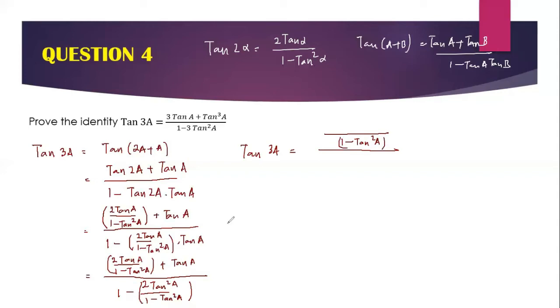So 2 tangent A plus tangent A, open the bracket, 1 minus tangent square A, right? Okay, now for this one.